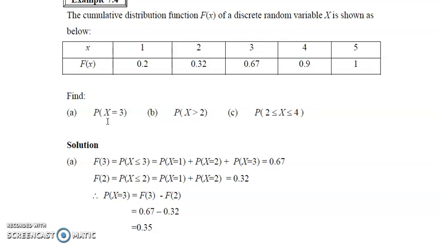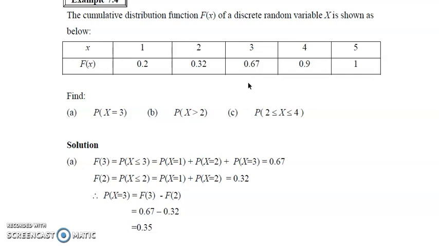If the question asked for the CDF, which is the probability of x less than or equal to 3, you may put this answer. But as for this one, the question asks for the probability of x is equal to 3. They just want this column, so we want to find the PDF.